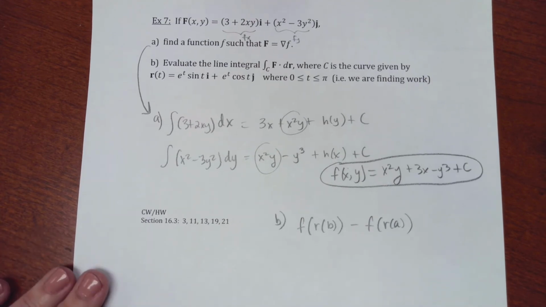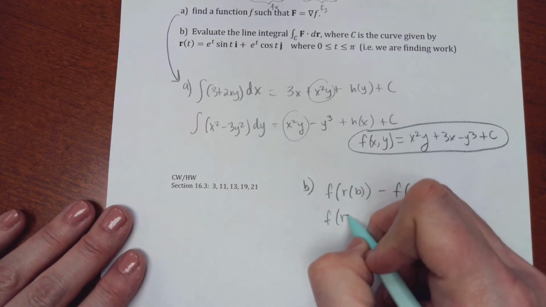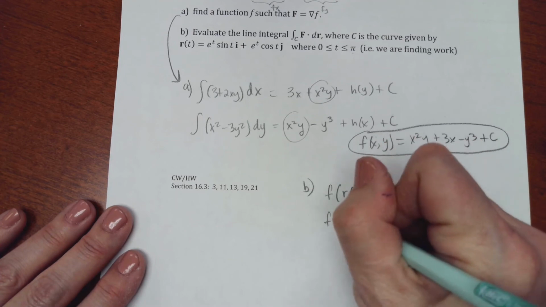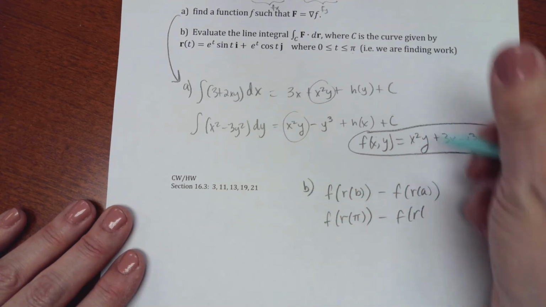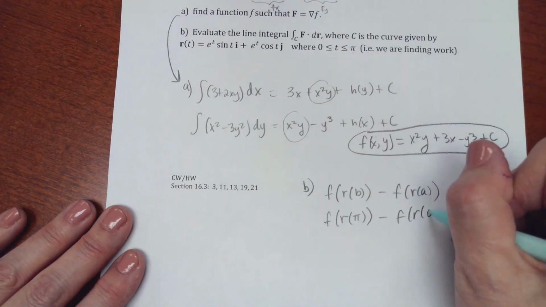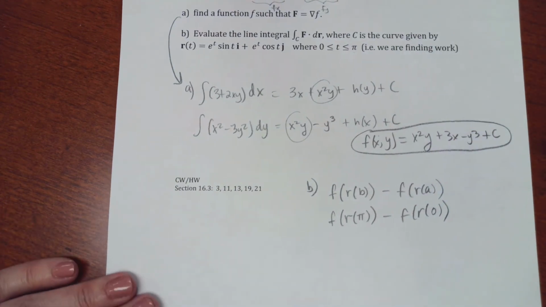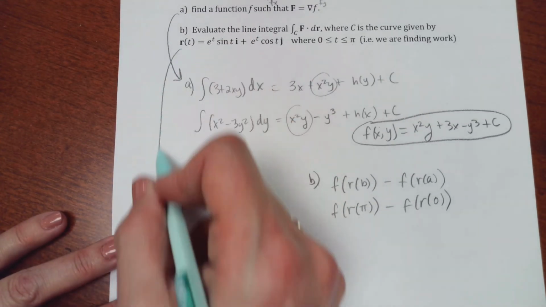Okay. So f of R, I am ending at pi. So R of pi minus f of R of 0. Let's go over here and figure out those things. So my function is right there.